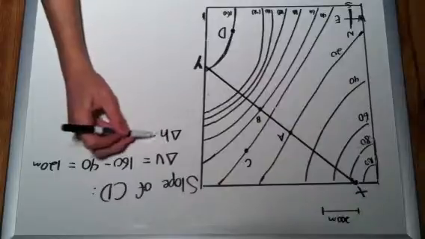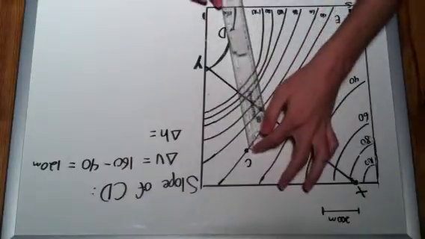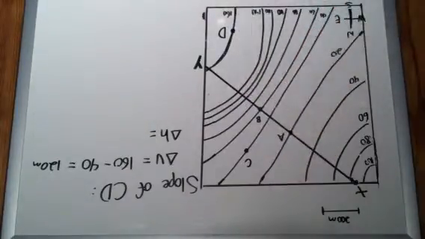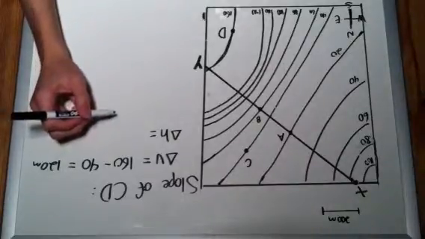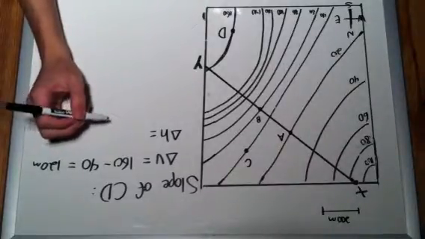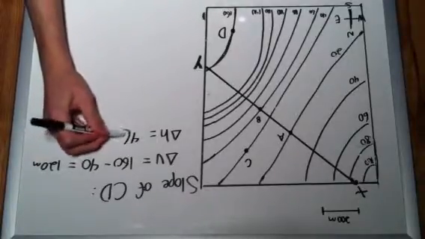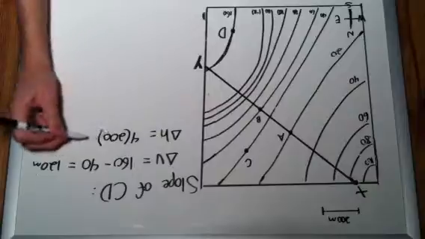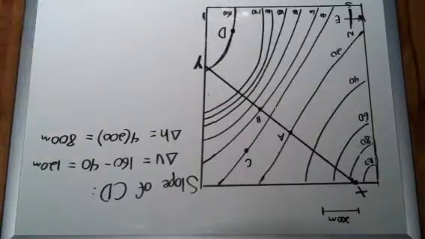Delta H is going to be our quick little measurement. Just put that there. That appears to be about 8 inches even, estimating a bit. So if for every 2 inches we have 200 meters, then that's 4 times 200. So our horizontal change is going to be 800 meters.